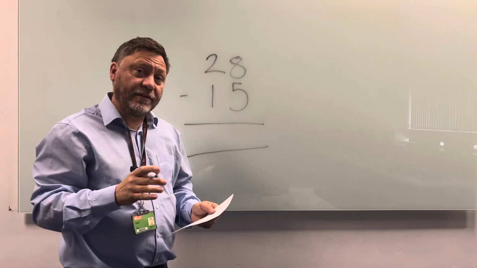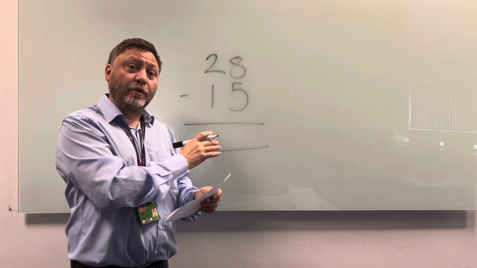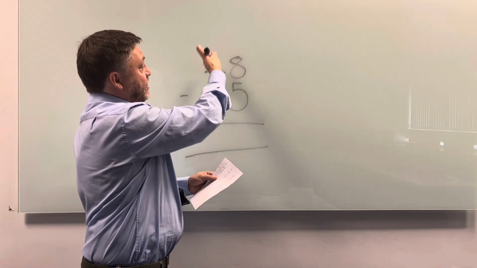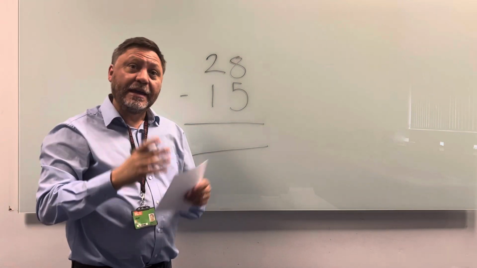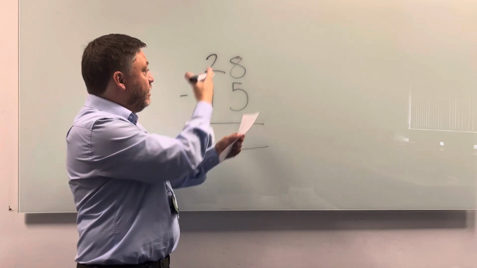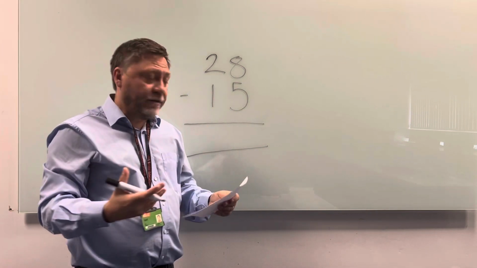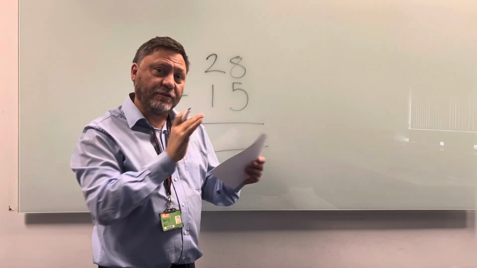Now you'll notice that this particular example doesn't require any kind of decomposition, any exchanging or rearranging of the numbers, okay? It's just to show that this is what we do when one of the digits or both of the digits are smaller than the digits above. So it's just as an example.